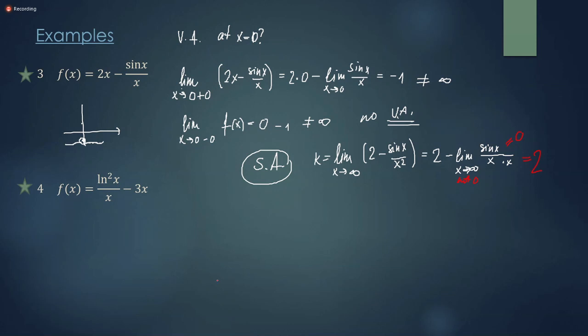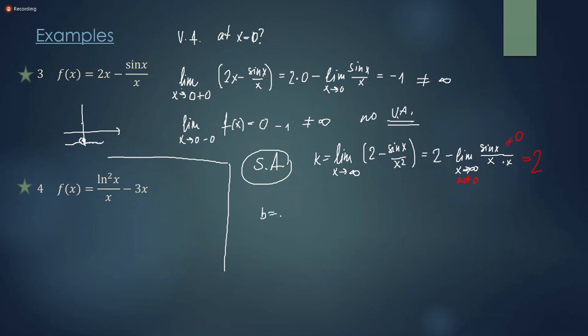Now let's check b. So you see, it's not always very obvious. It is usually obvious for rational functions, for functions where we see simply a quotient of two polynomials. For those, these asymptotes are obvious. For the others, unfortunately, not so much.